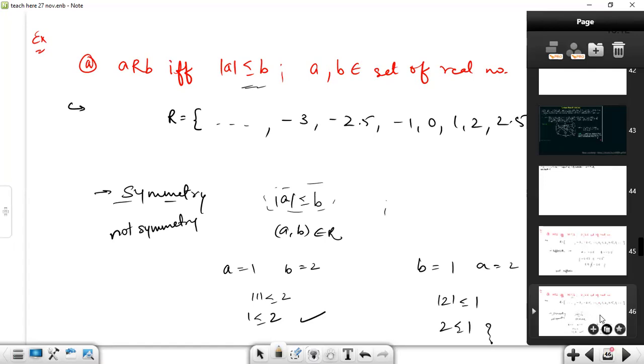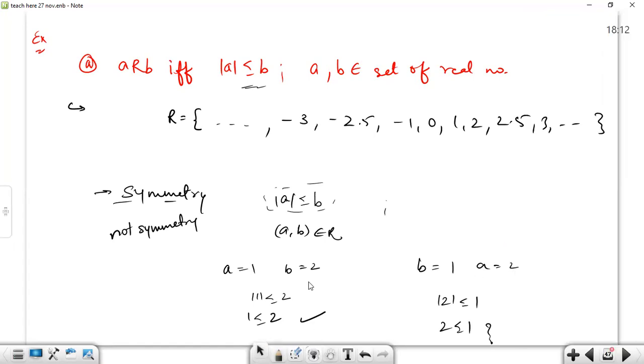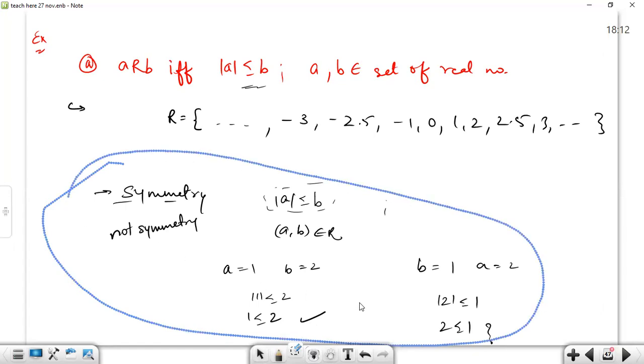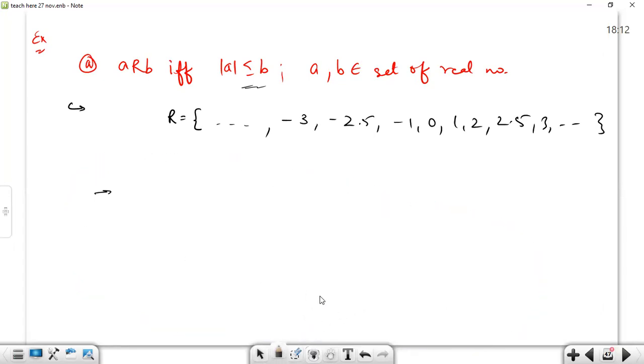Now let's check for transitive. What do you think? Is it transitive or not?